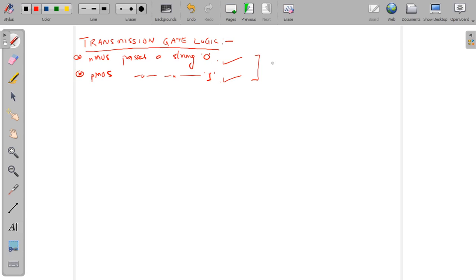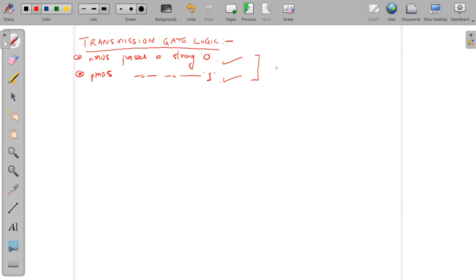So what is the solution? The solution is this transmission gate, which obviously will take advantage of both NMOS and PMOS. So we know that NMOS is good at one thing and PMOS is good at another thing. So why not combine these two transistors and make use of the best of both worlds?